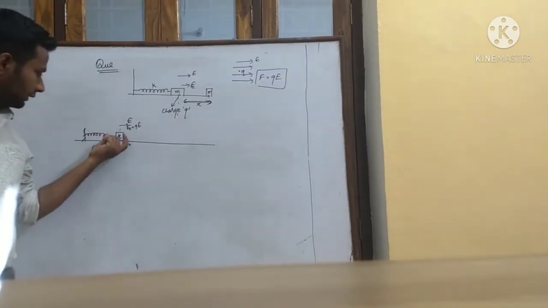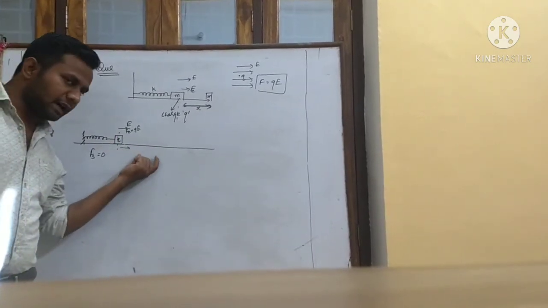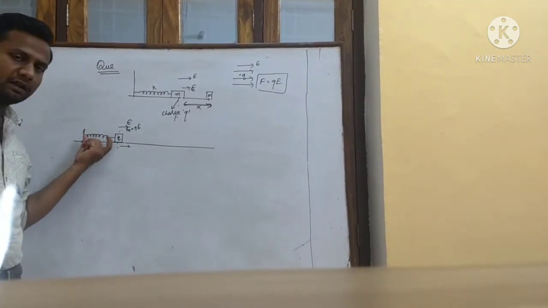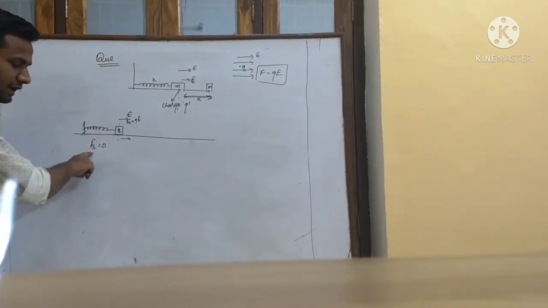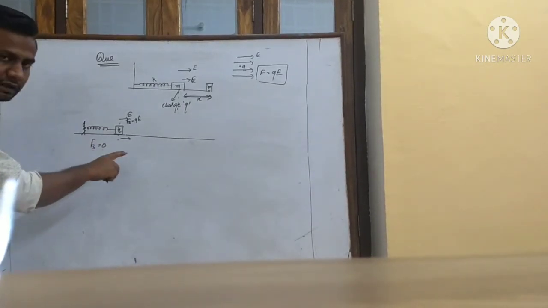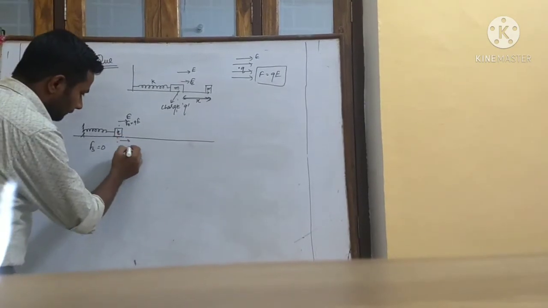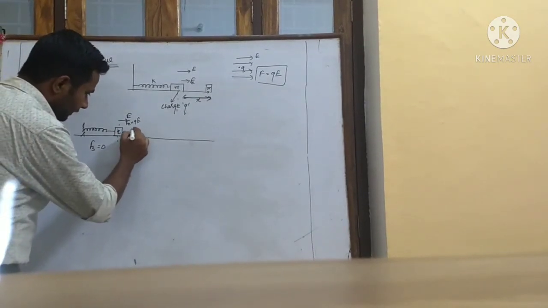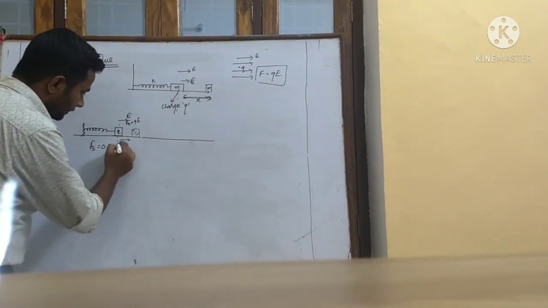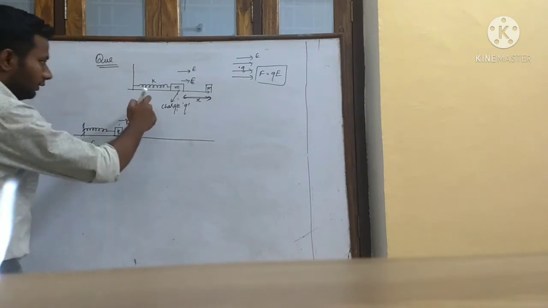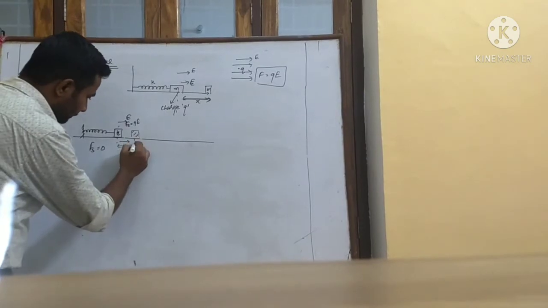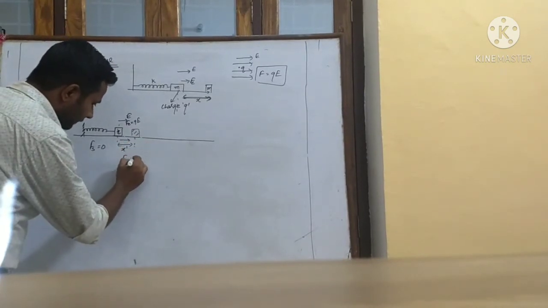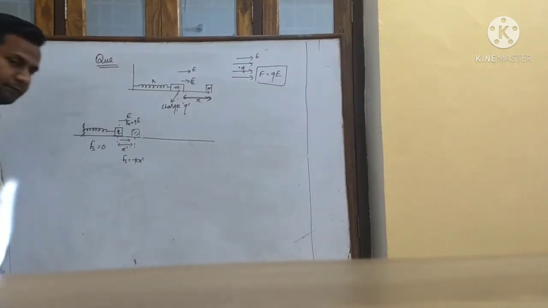Due to that extension, there will be Fs. It will not be zero. Suppose the block is at this position, at extension x dash.